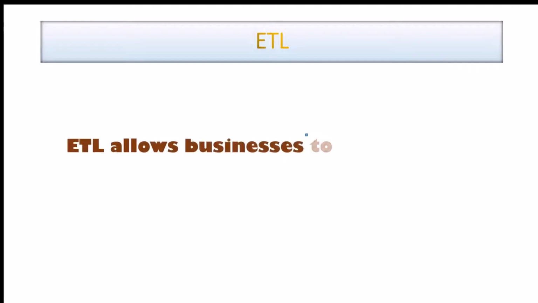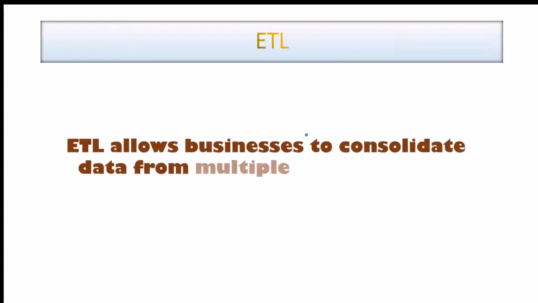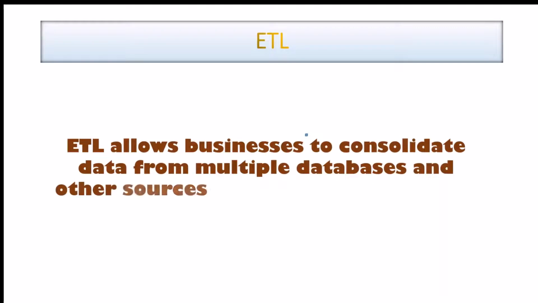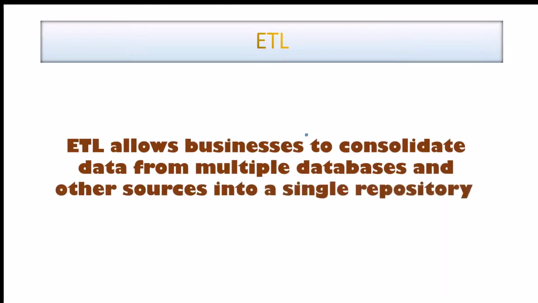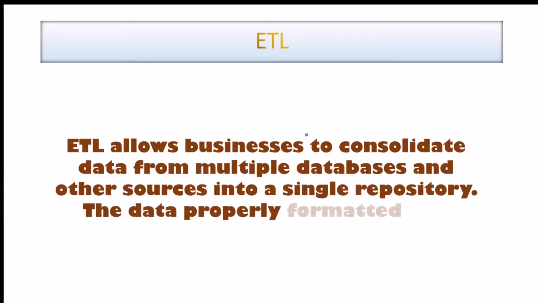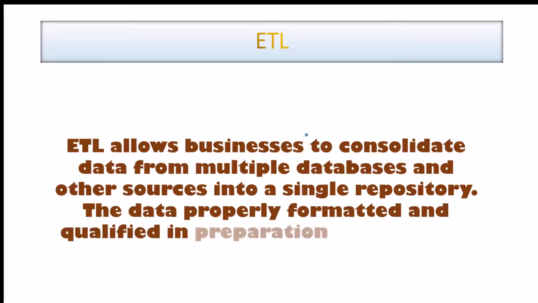ETL allows business to consolidate data from multiple databases and other sources into a single repository. The data is properly formatted and qualified in preparation for analysis. So this is the way the ETL process is being carried out in every organization. The business identifies what is the data, what are the sources of the data that can be consolidated.